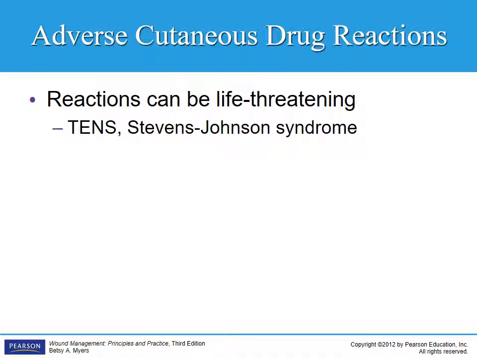So with people who have these kinds of cutaneous drug reactions, it's not something that you should take lightly because they can lead to anaphylactic shock. The cutaneous reaction can be your first warning sign. So when you see any kind of reaction on the skin, you need to investigate it further.